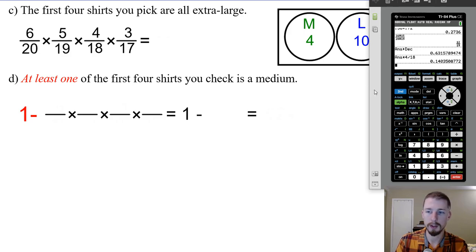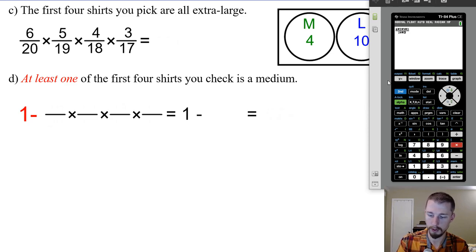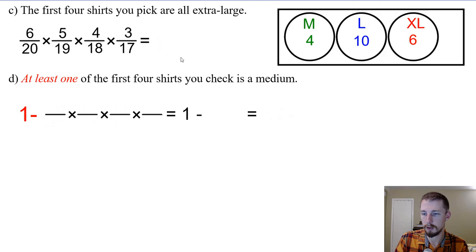So when we put this in the calculator, we'll do alpha x again, and in the numerator 6 times 5 times 4 times 3, and then the denominator 20 times 19 times 18 times 17. Alright, then I want to change that to a decimal, which is only like 3%. Okay, so that's really rare that you would pick 4 extra large in a row.